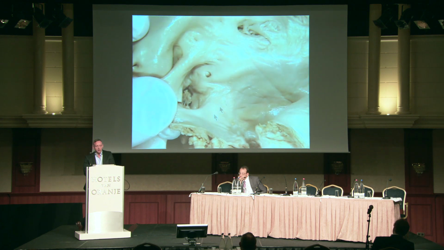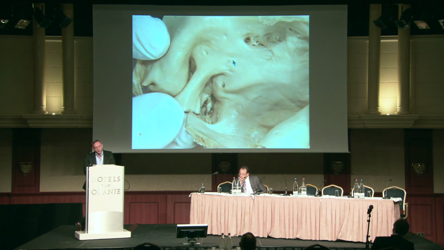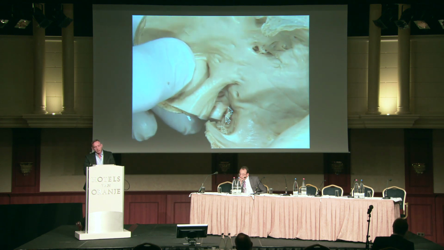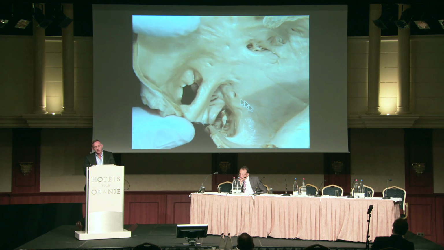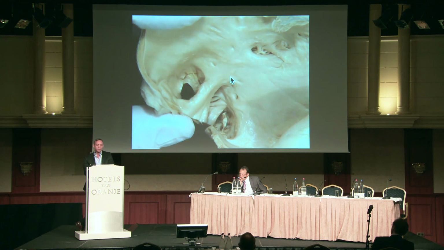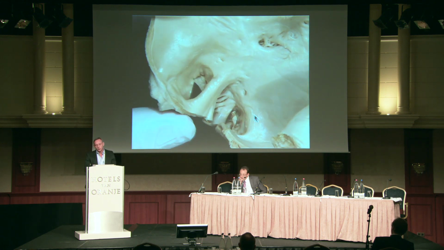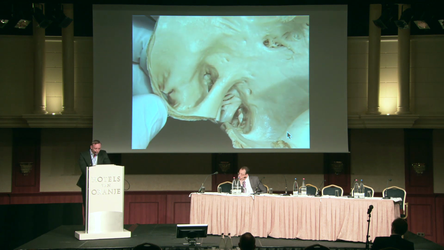So this is a typical origin of the opening of the left atrial appendage. So it's an obliquely situated opening, and this one is within the mid sort of upper region of the atrium. And there's a good margin here between the appendage and the mitral valve itself.